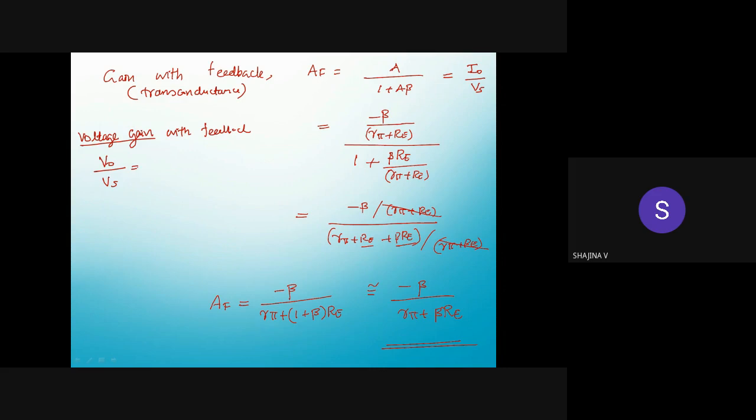What is output voltage? Output current into output resistance, right? So my output current is I naught, and output resistance is RC, divided by Vs. Or I can write it as I naught divided by Vs into RC. So what is this I naught divided by Vs? That is actually our gain with the feedback, that is AF.